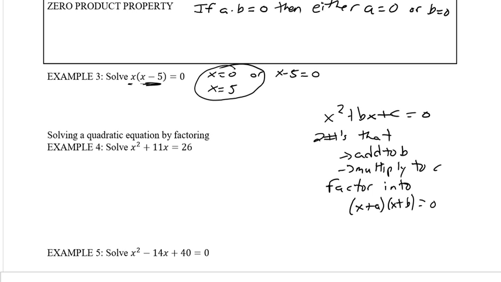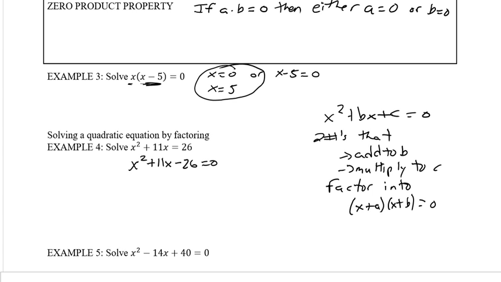Alright, so let's look at example 4 and let's do this one then. Solve x squared plus 11x equals 26. Well, first thing we have to do is get it equal to 0. So we have to subtract 26 from both sides. So I have x squared plus 11x minus 26 equals 0. Now I'm going to factor.